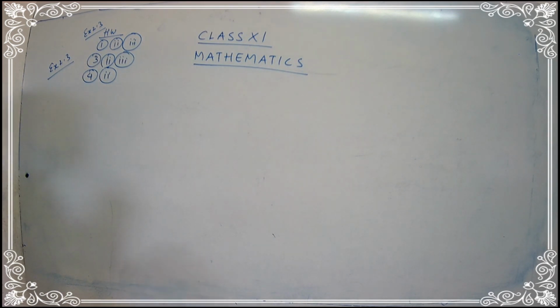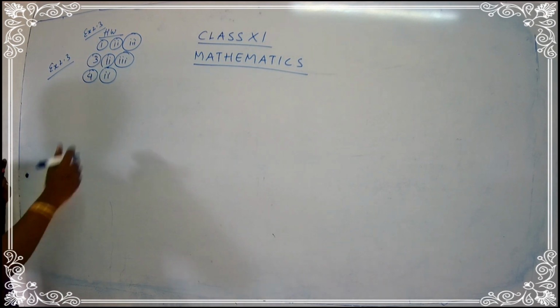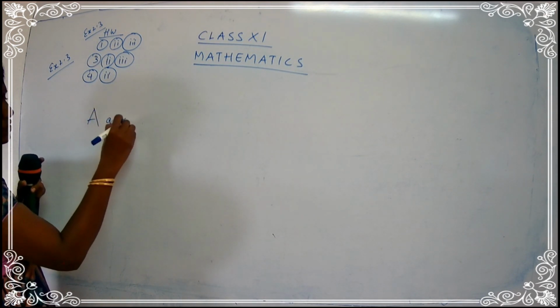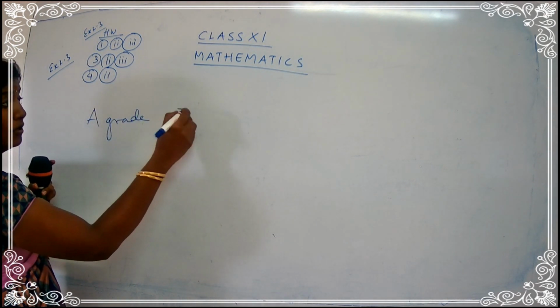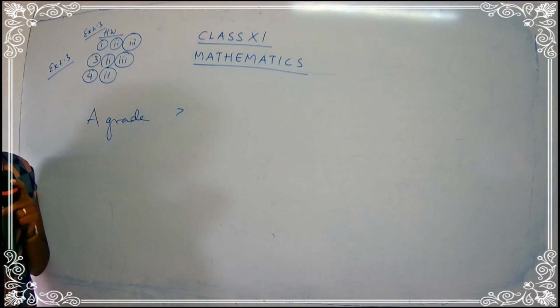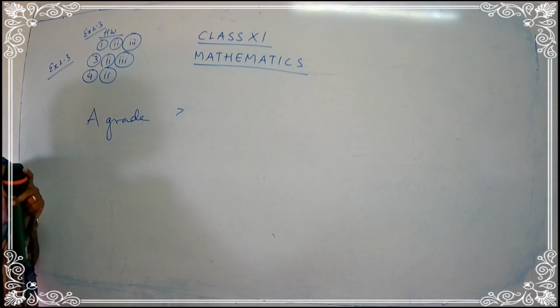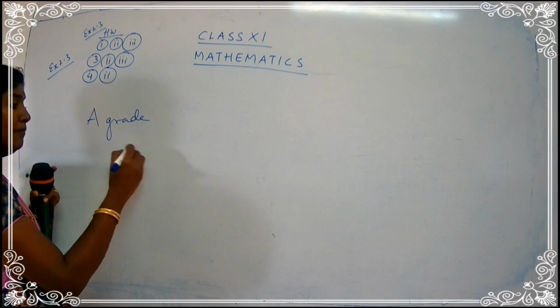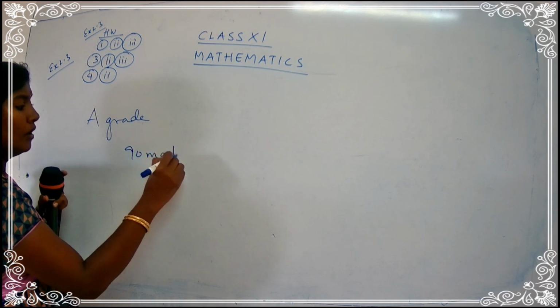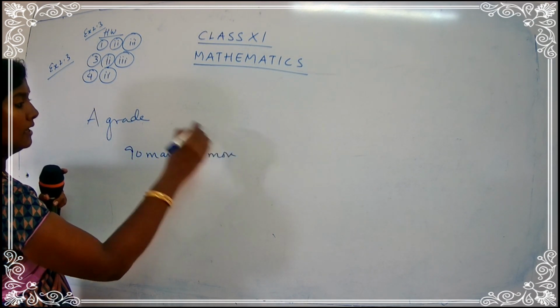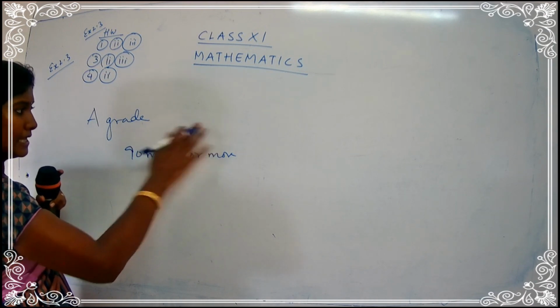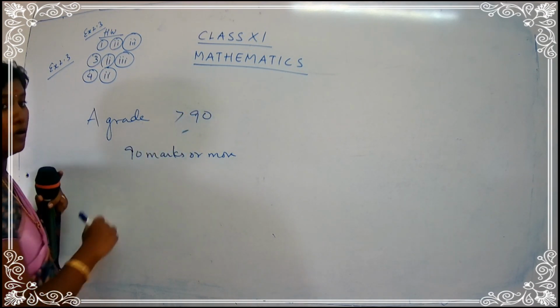So the condition is to get an A grade. He is going to get an A grade when he scores 90 marks or more. That means he can score 90 or he can score more than 90.